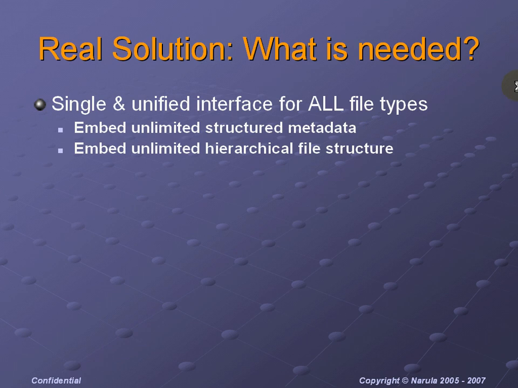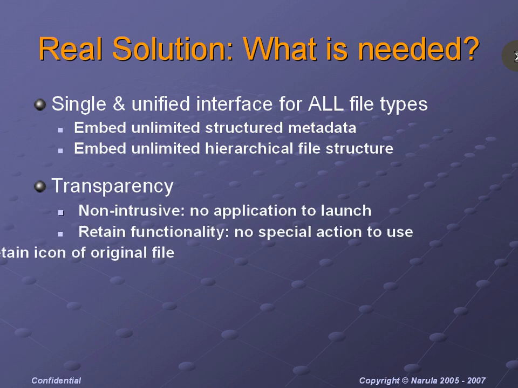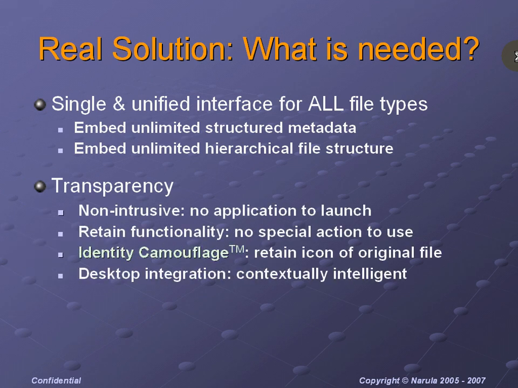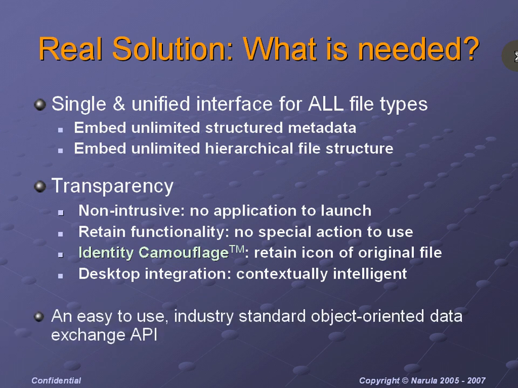It should be transparent to the user, which means that there should be no need to launch an application in order to create such a file, and once created, it should visually look the same as the original file. All features should also be fully integrated into the operating system. Lastly, and very importantly, it should be very easy to use and can be easily integrated into other applications by means of a standard API.